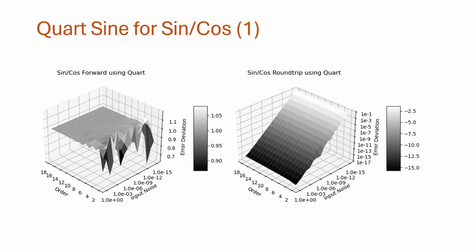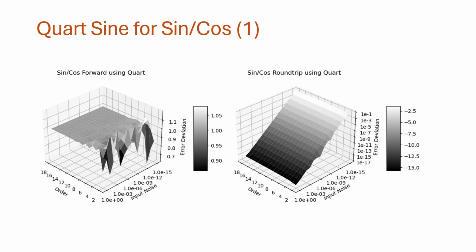And when we do a forward followed by a backward transformation, we see the same pattern, namely the error deviation decreases linearly with the input noise deviation, regardless of FFT order.